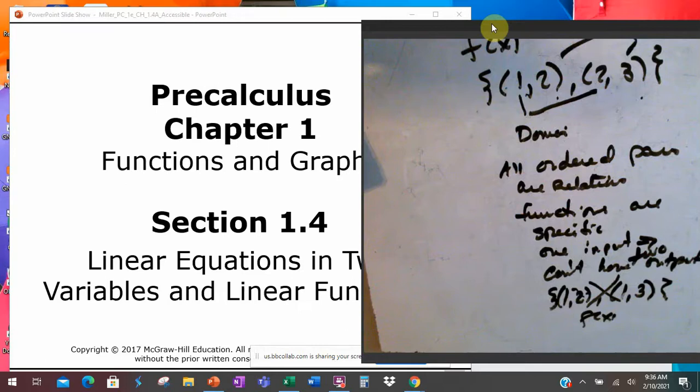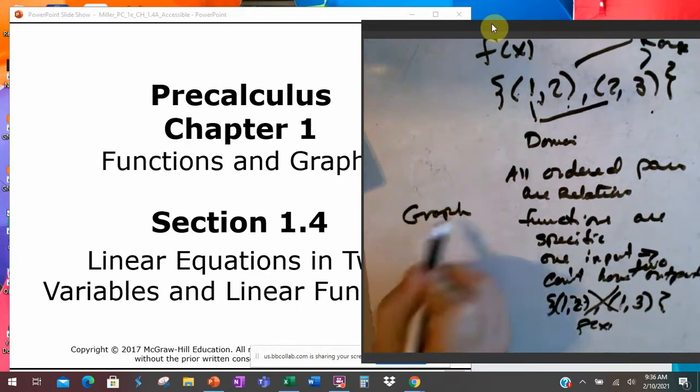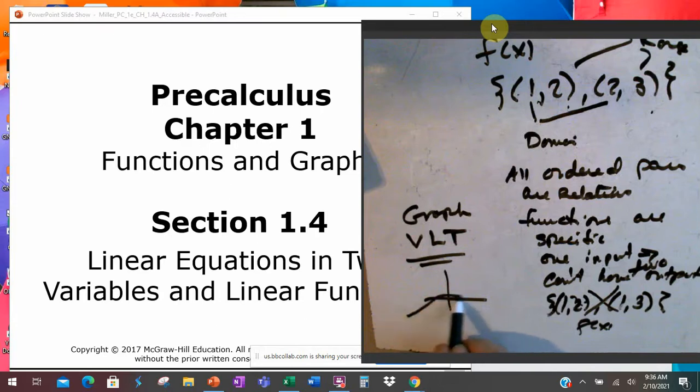Determining if things were functions from a graph, we use that fundamental test, the vertical line test. We need to be able to have 1 input to 1 output.